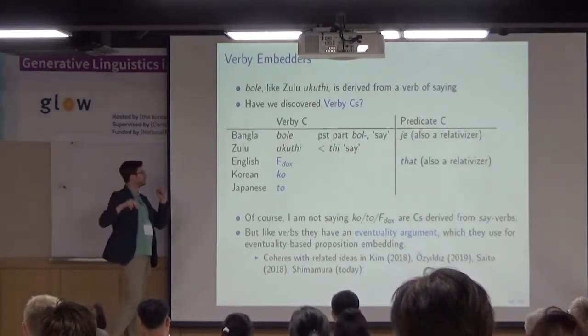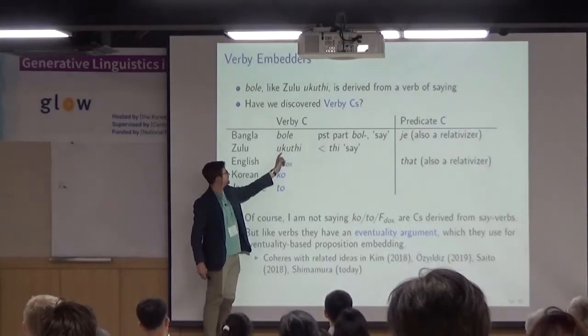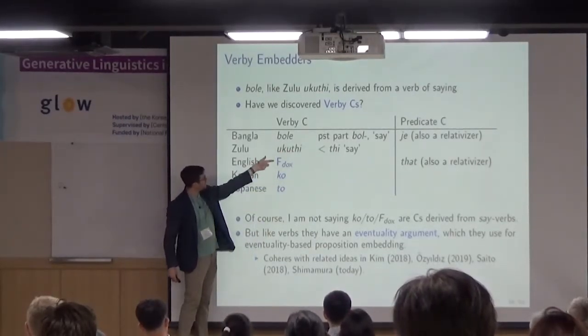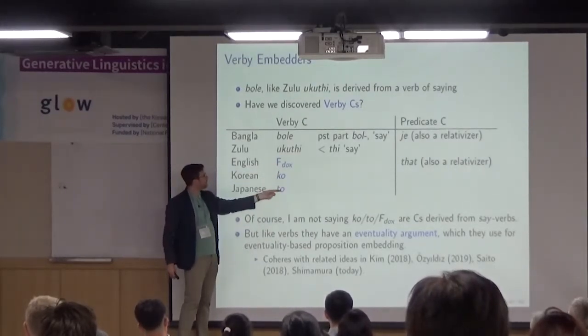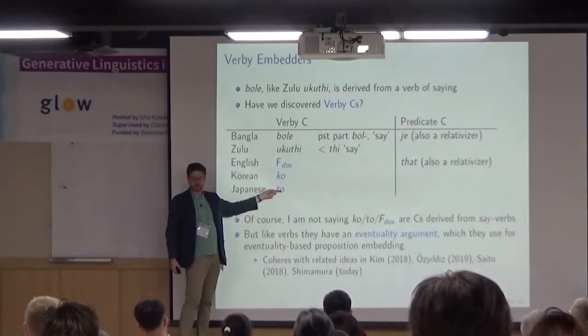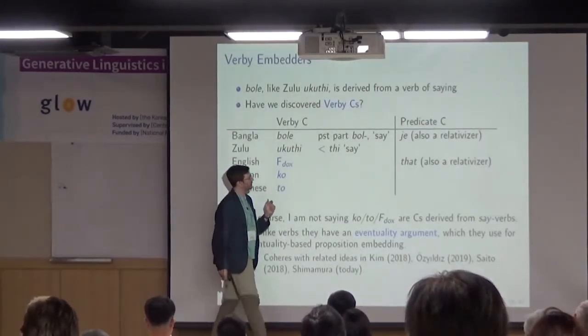Between verby complementizers, some of them are absolutely verby because they have some verbs in them, or other complementizers that may not be derived from verbs of saying but have verby properties. And what I mean by verby properties is they're tied to eventualities. They're invoked by event-based proposition embedding, not by individual proposition embedding.